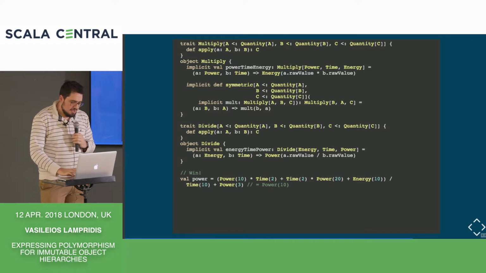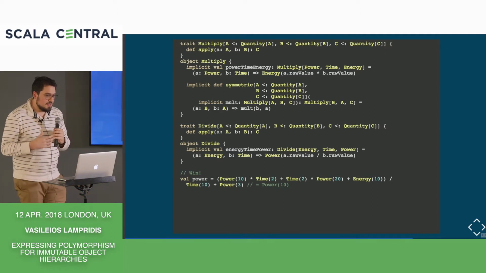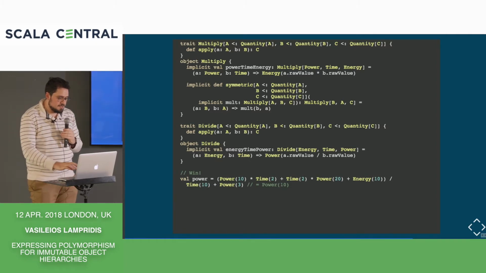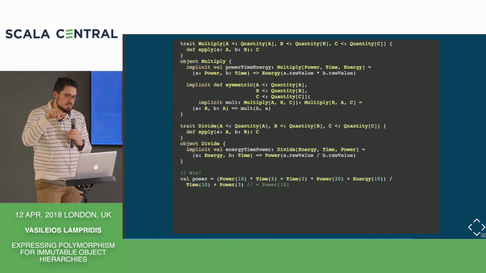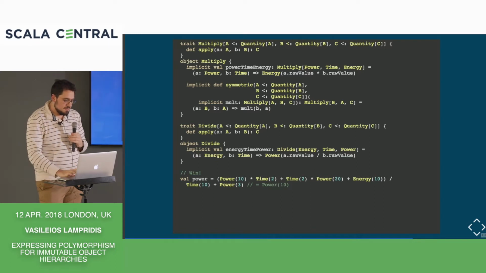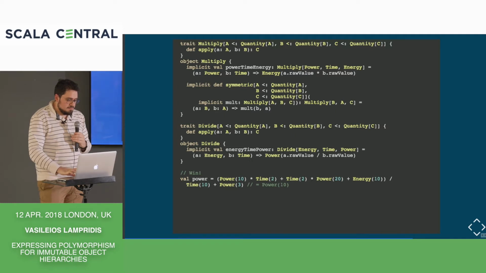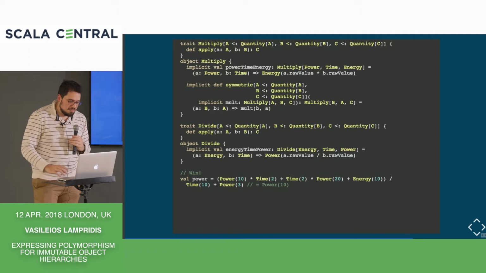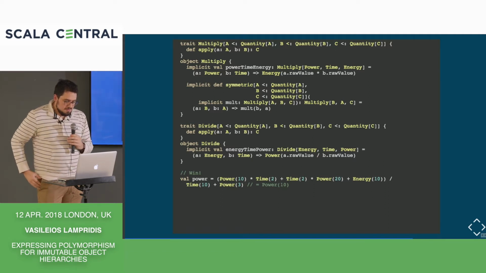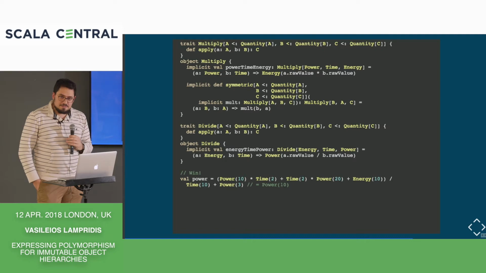So we have this implicit definition that requires these three parameters, and say, if I have an instance of the multiply that takes A, B, and C, I can definitely have the symmetric of it, which is a multiply of B and A, B times A, that gives back the same C. And you see that it takes B and A. This is a bit nasty, the naming, but it doesn't really matter. And yeah, that's pretty much it.